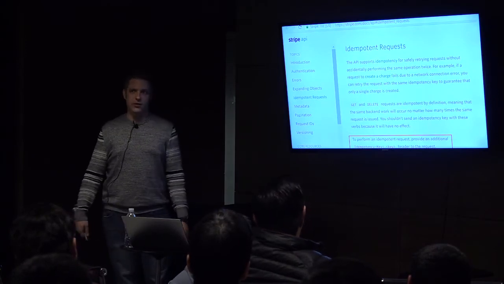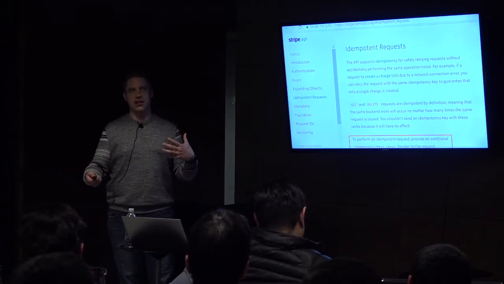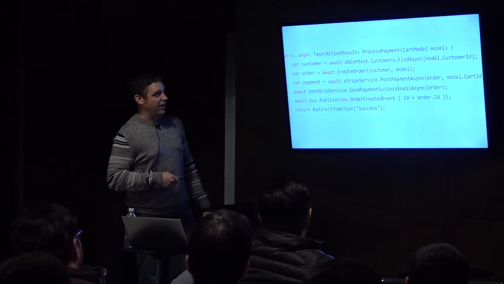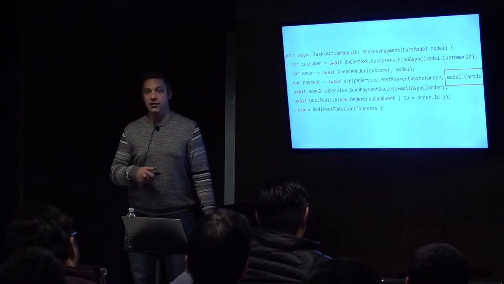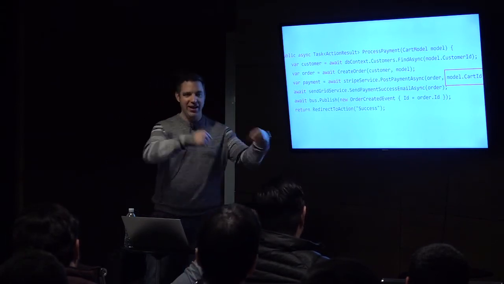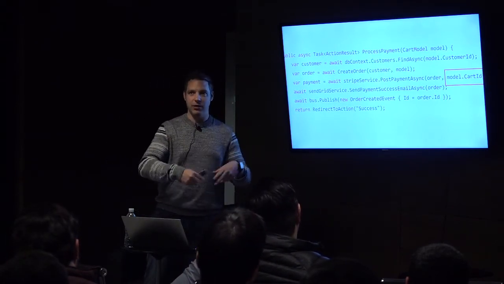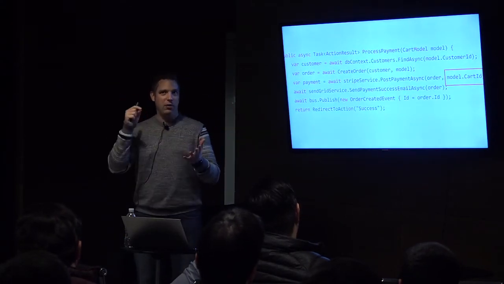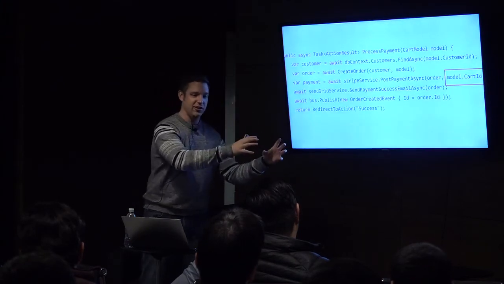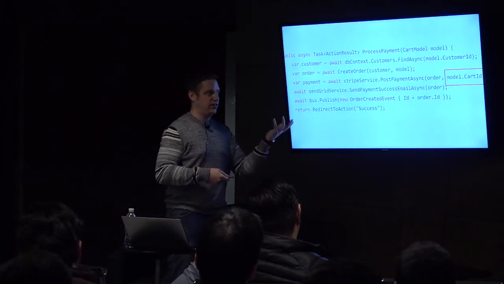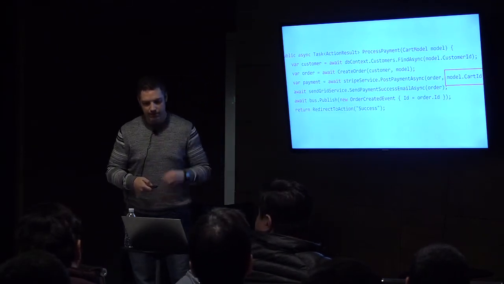And so we looked at it and said, what is the thing that is unique that identifies us clicking the button? And it turned out it was the cart ID. The cart ID represented that unique request to buy something, because once we bought something, we cleared the cart, deleted it, and it was gone. So when I click place order, it's supposed to convert the cart into an order and take your money. So that cart ID was the natural thing for us to use for posting the payment.